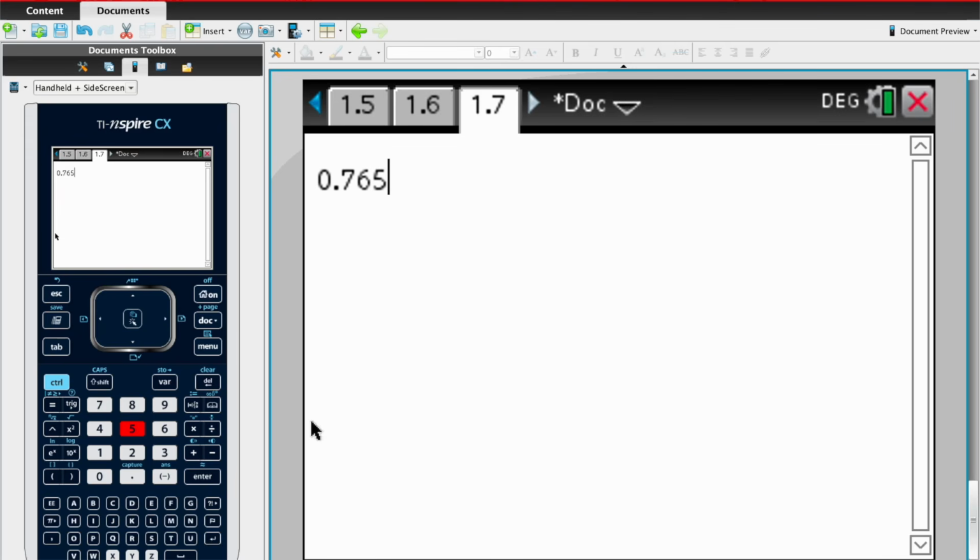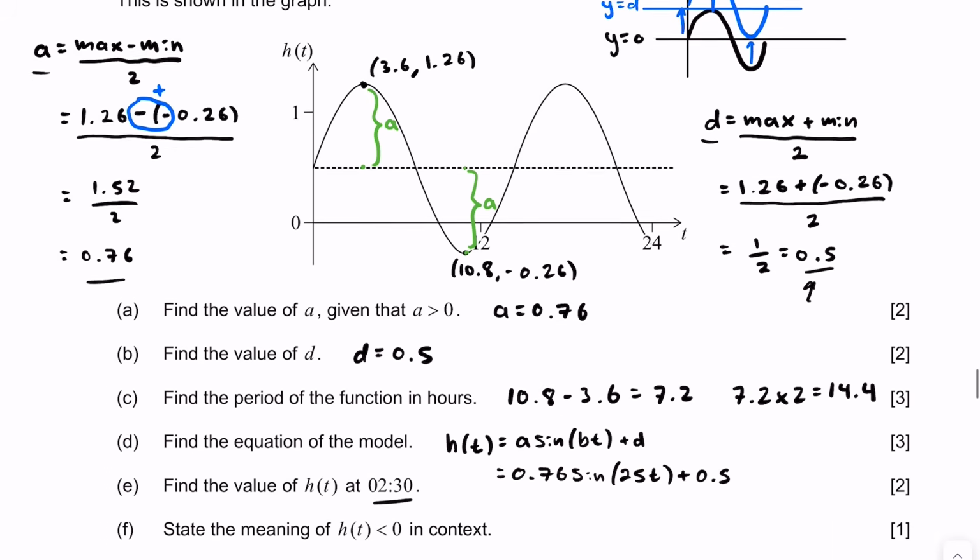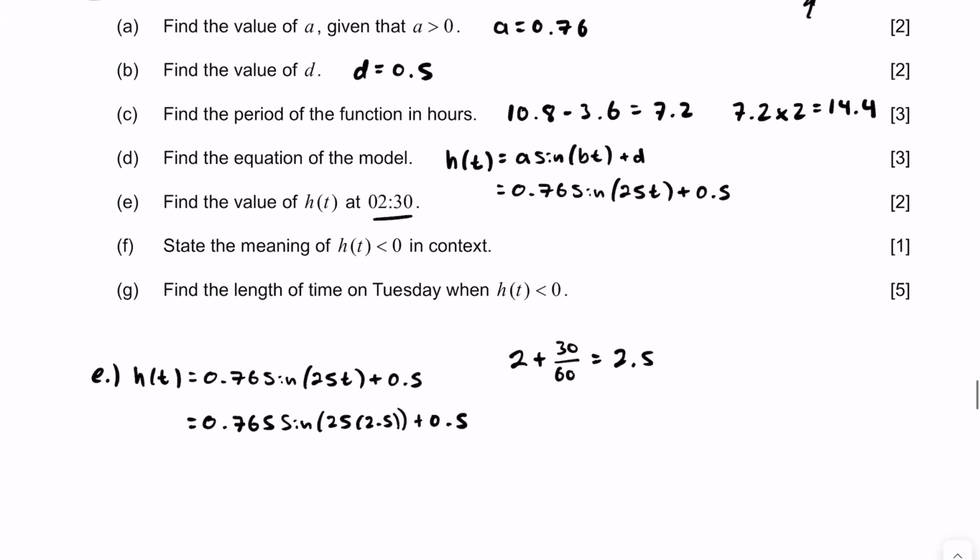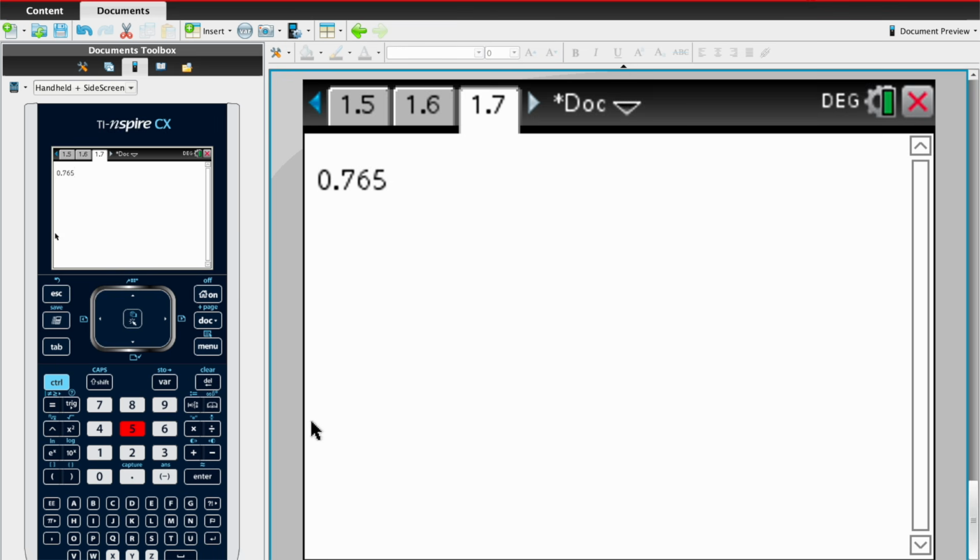Sorry, it's not 0.765, it's 0.76 sine. I should watch my own writing. So 0.76 sine 25 times 2.5 plus 0.5. Okay.